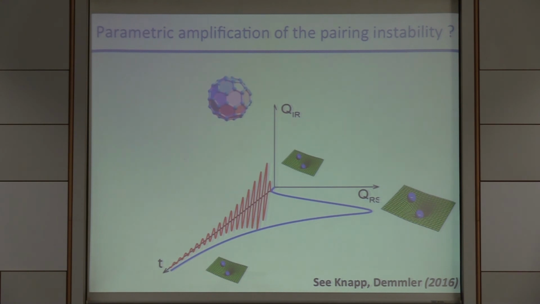And hence, perhaps, maybe this is really what we're looking for, a situation which is very general, in which one has already fluctuations that are those of a superconductor, except that the system is not in a superconducting state, and by driving I can amplify this broken symmetry state. And the reason why I like this a lot is that this could in principle be applied to all sorts of broken symmetry states.